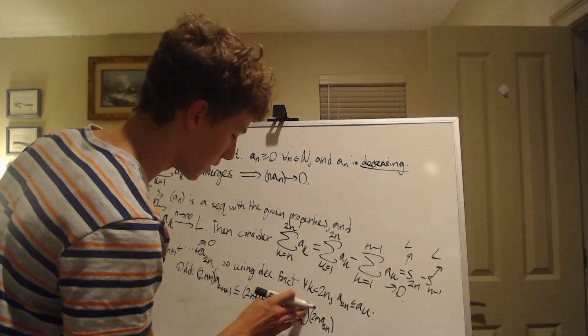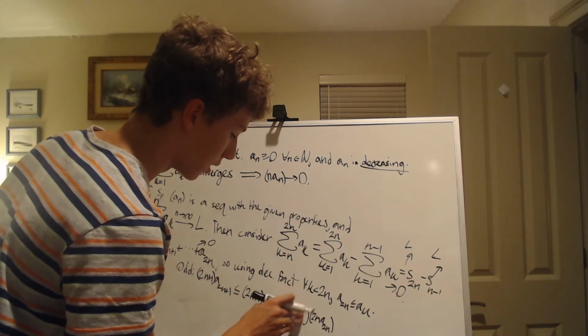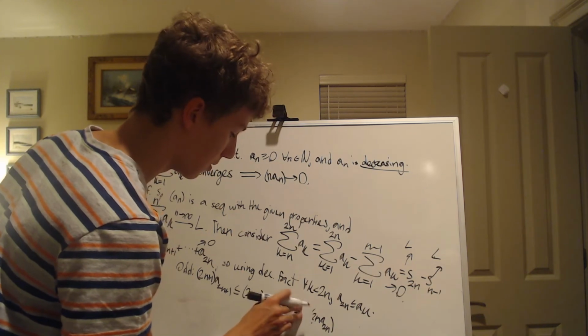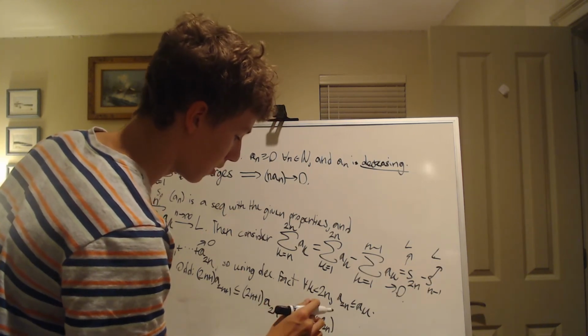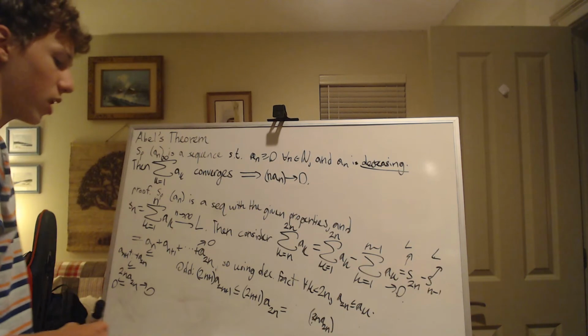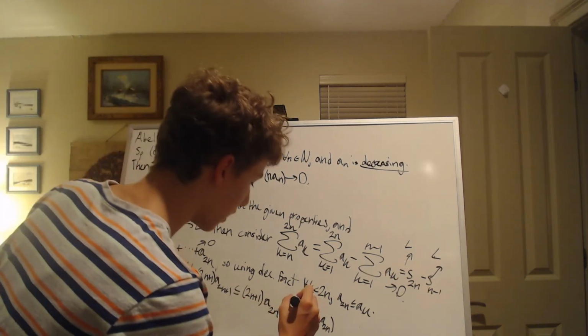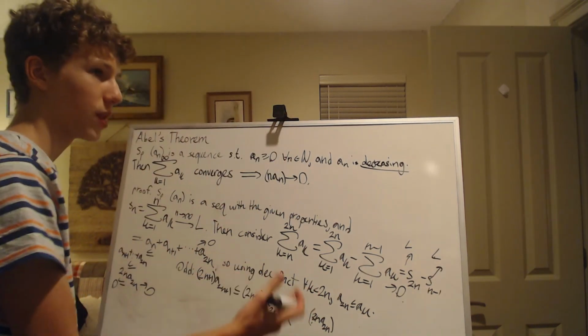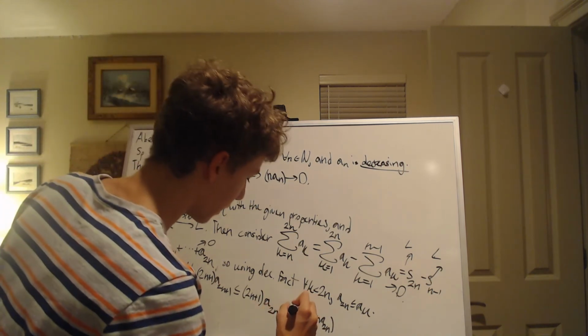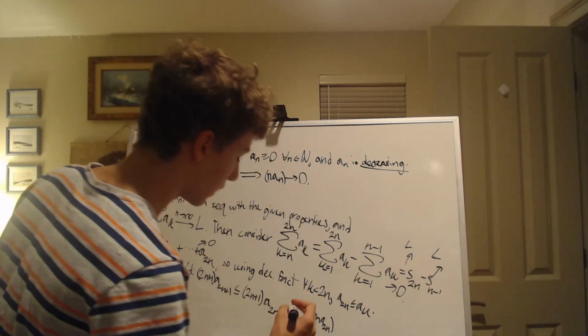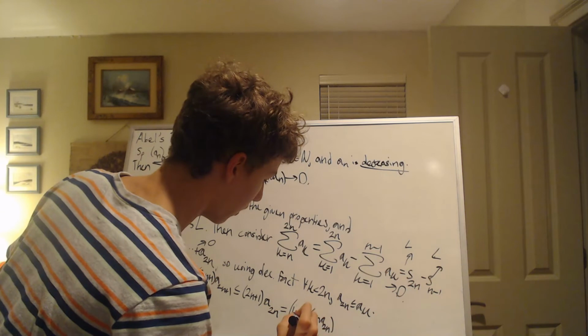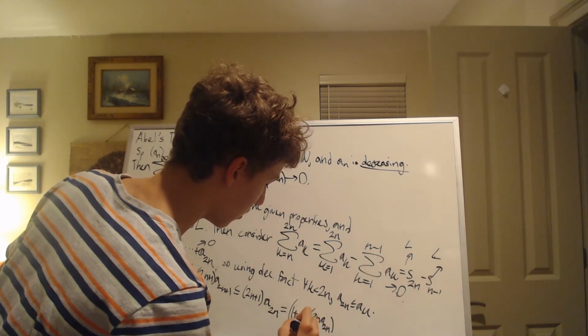Or actually, this is important. We can't just leave this off. We're looking at the product of two convergent sequences. This sequence was 2n plus 1 over 2n. We can rewrite that differently by distributing that 2n, so 1 plus 1 over 2n.